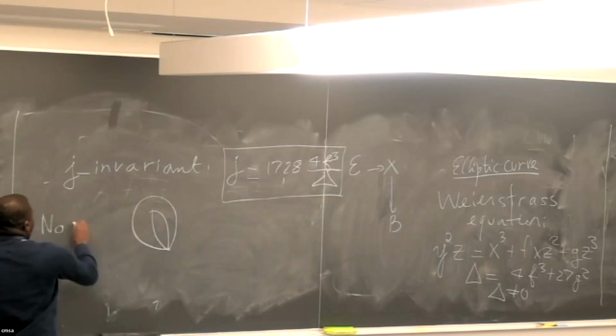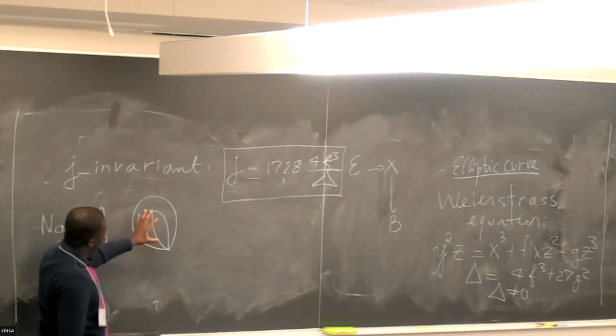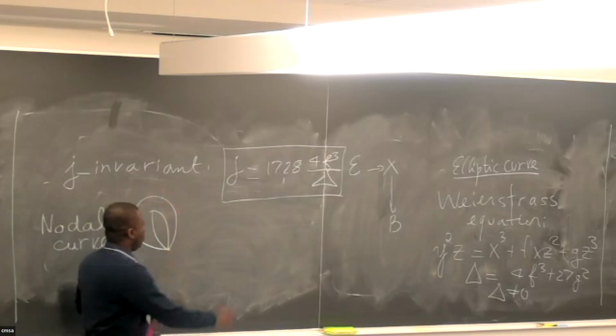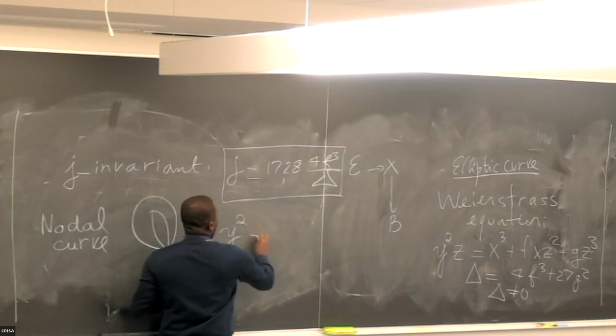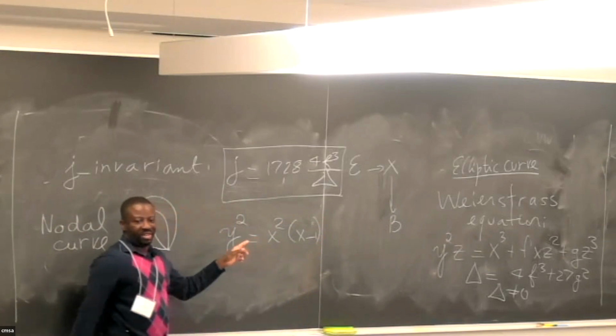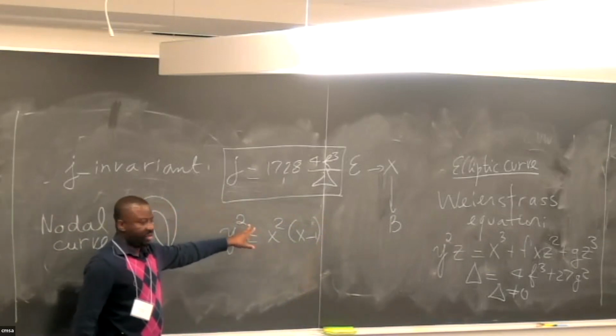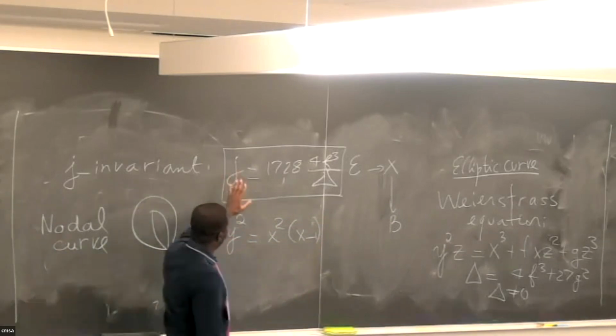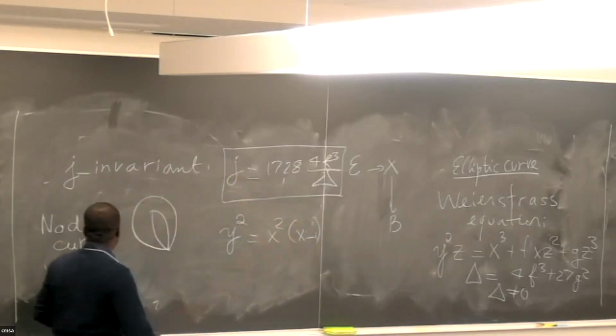So this would be another curve singularity, as if you take a circle of a torus and then you shrink it. And in algebraic geometry, think of this type of singularity as a double point singularity like this, and nodal curves have a J invariant, they're part of your moduli space.